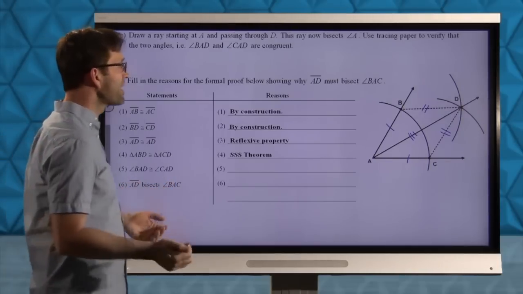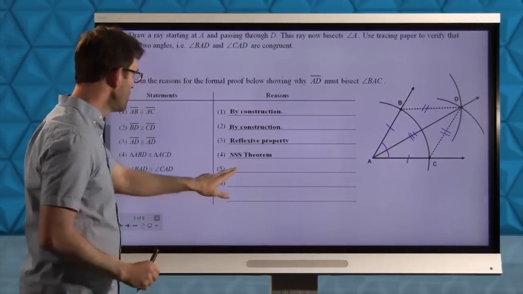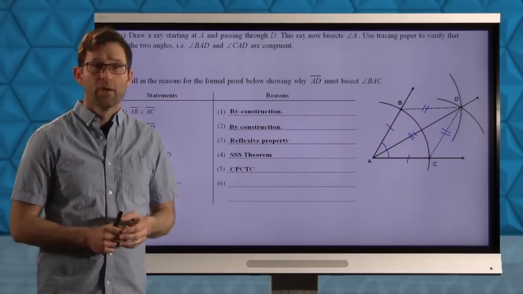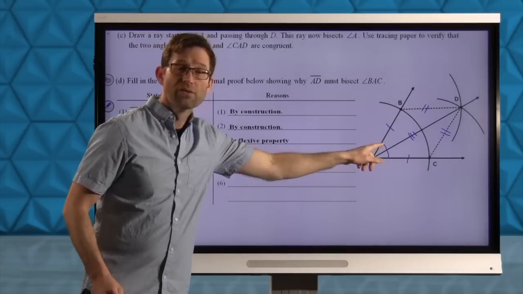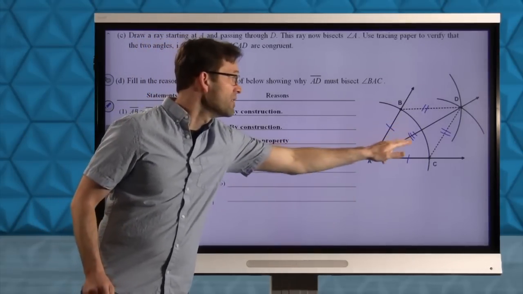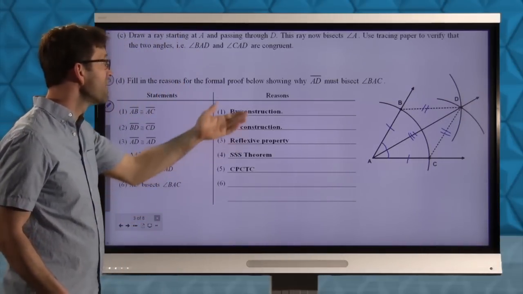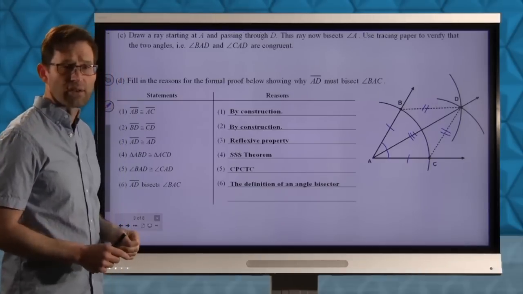Finally, I can now say that this angle is congruent to that angle because they're corresponding parts of congruent triangles, right? Corresponding parts of congruent triangles are congruent, and these two angles correspond to each other in these two congruent triangles. Finally, why can I now say that AD bisects angle A? Well, that's really just the definition of an angle bisector, right?